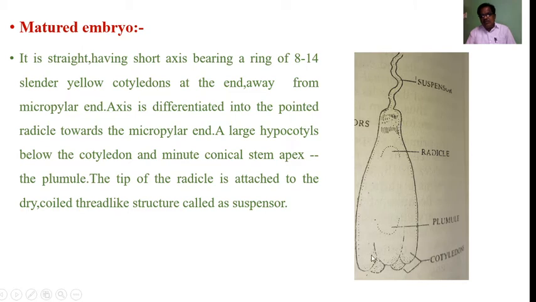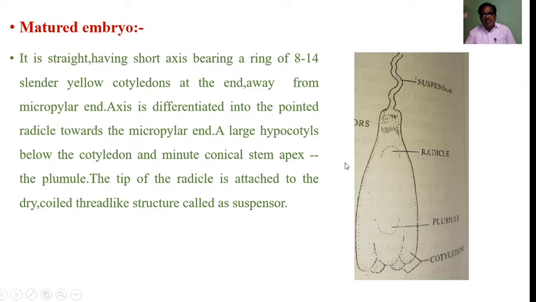When we observe the basal part of this one, there are 8 to 10 slender yellow cotyledons at the end, and these cotyledons are responsible for further growth. They are present away from the micropylar end. This end is the micropylar end and this one is the chalazal end.